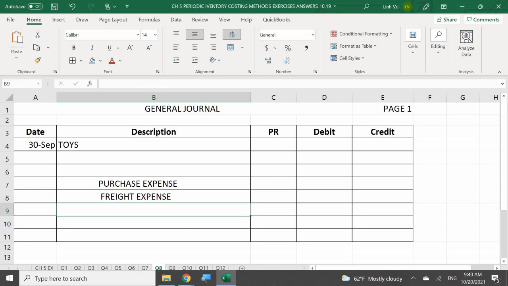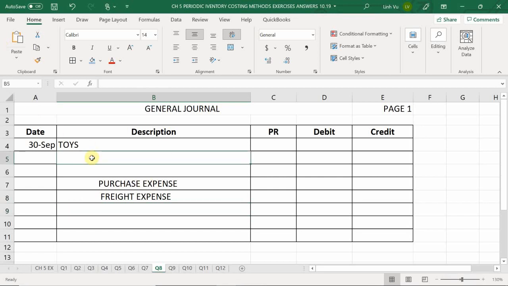Okay, these are going to be credit accounts because when I journalized that I purchased my inventory, I was increasing my purchase expense. But now that I'm converting it, I'm going to decrease my purchase expense because I'm essentially taking all those amounts and putting them into my inventory, my cost of goods sold, and so on and so forth.